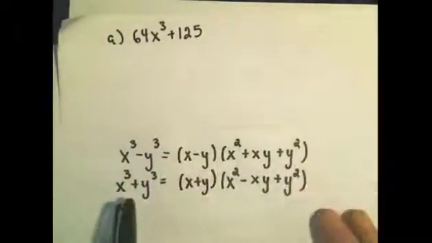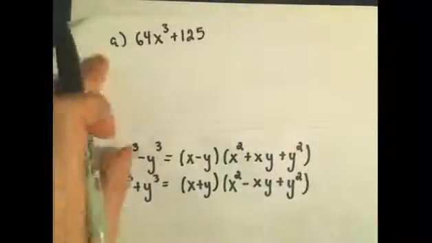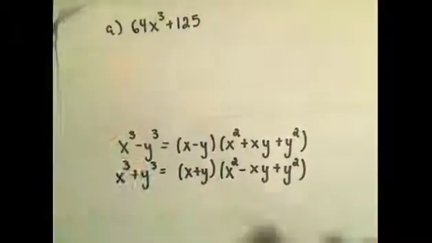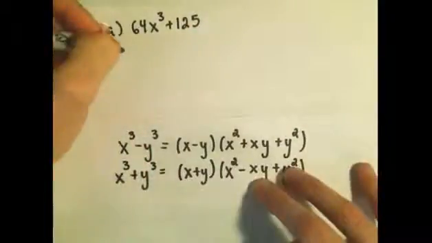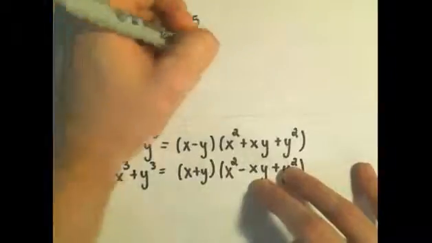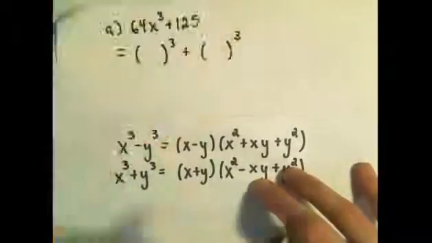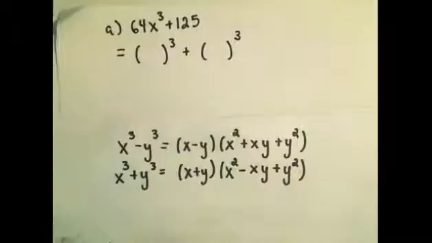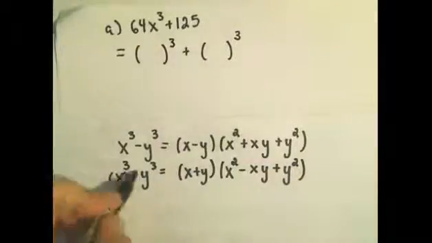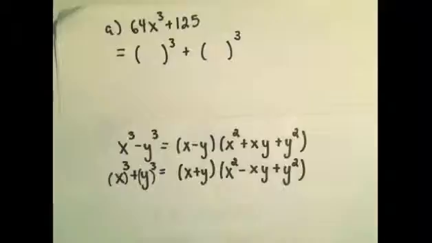It looks like we have something cubed plus something cubed, but the first thing I'm going to do is rewrite it a little bit. I'm going to rewrite my 64x cubed as something cubed plus something else cubed.